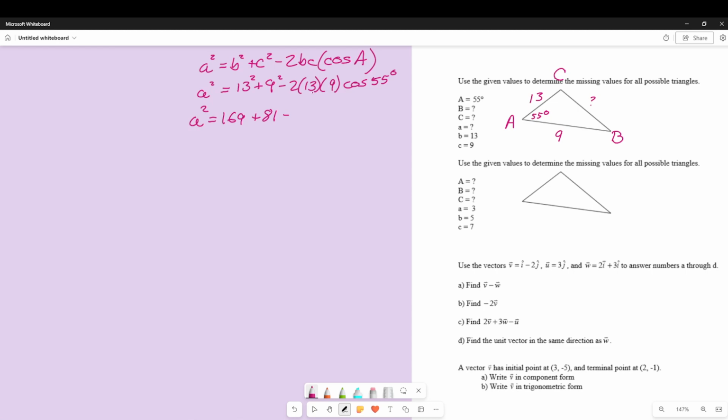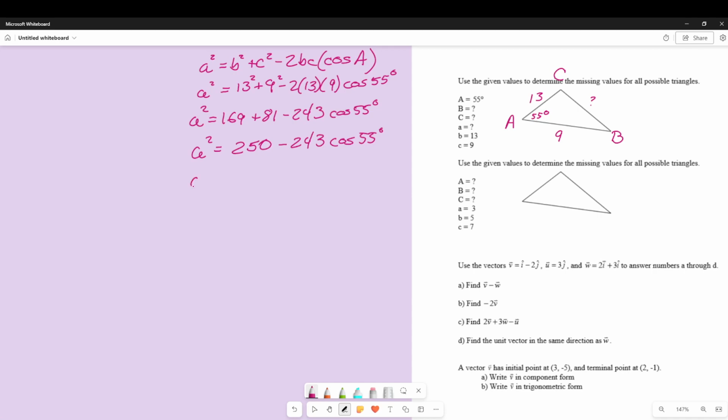I do too much in my head. 9 times 26 is 243 times whatever the cosine of 55 degrees is. So a squared is equal to 250 minus 243 cosine 55 degrees.